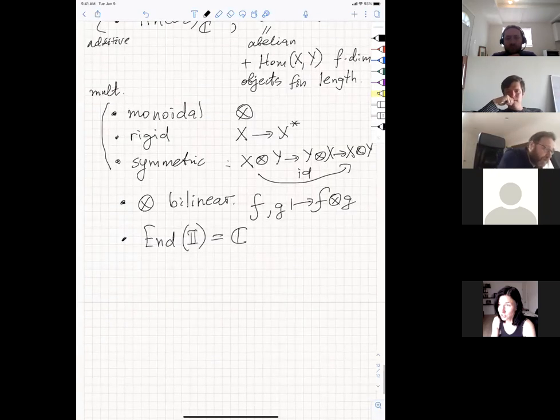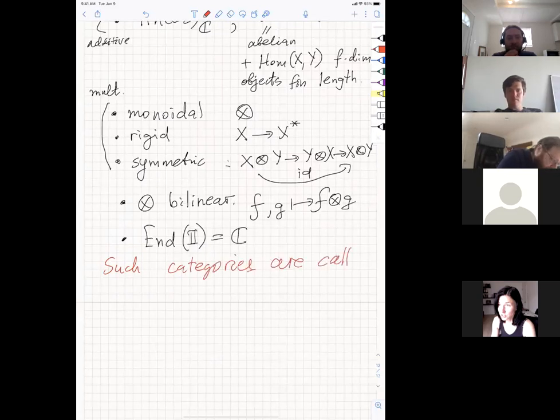And such categories are called symmetric tensor categories. We'll call them just STC.